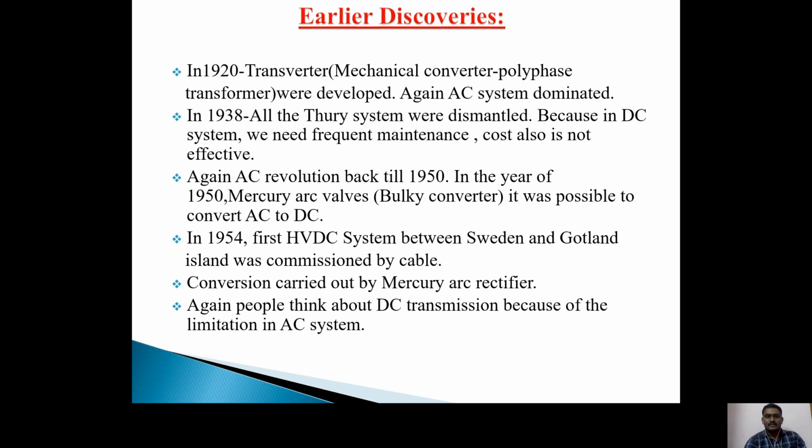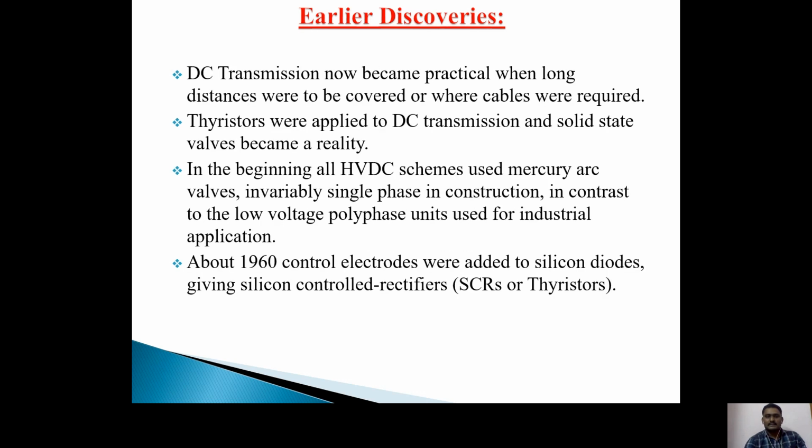DC transmission now became practical when long distances were to be covered where cables were required. This is the main point. Thyristors were applied to DC transmission, and solid state valves became a reality.